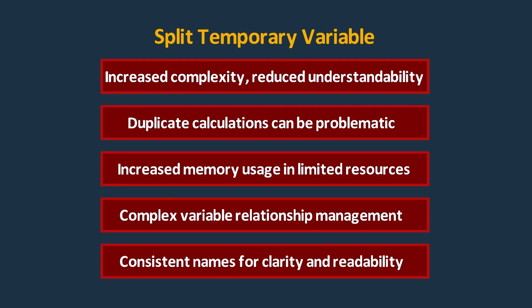Additionally, splitting variables can use up more memory, specifically in situations with limited resources. Managing the relationships between split variables can become complex, so it requires careful attention. Lastly, to ensure code clarity, it's important to use consistent names when splitting variables to avoid confusion and maintain readability.